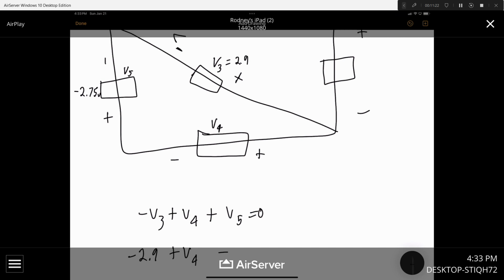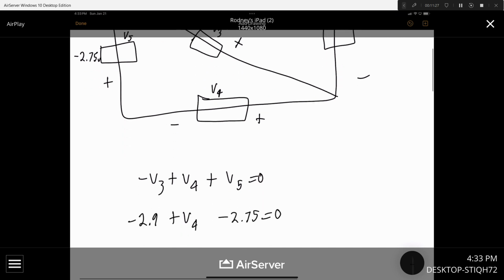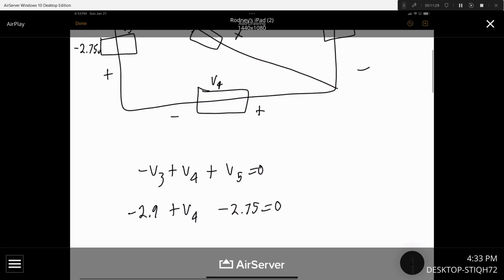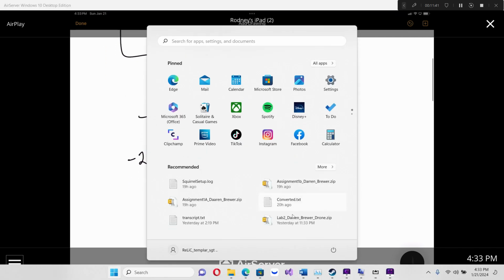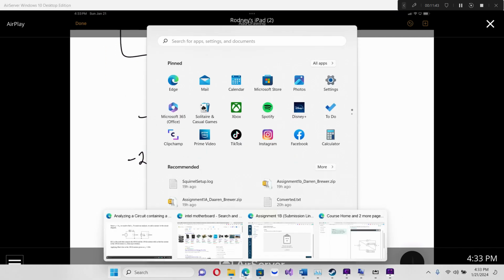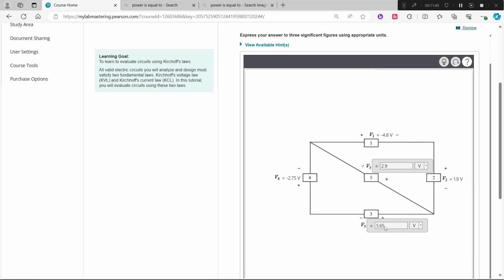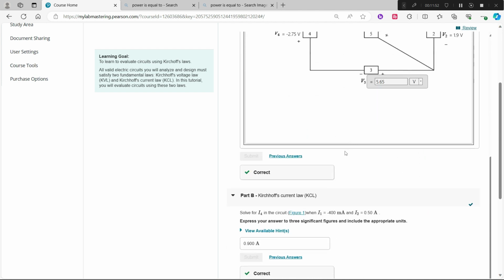The number itself is given as negative. It's equal to 0. Now, plus 2.75 over, and then plus 2.9 over, plus 2.9, and that'll give us V4, which should correlate to some positive number. Yep, 5.06. Yep, that's how you do that.